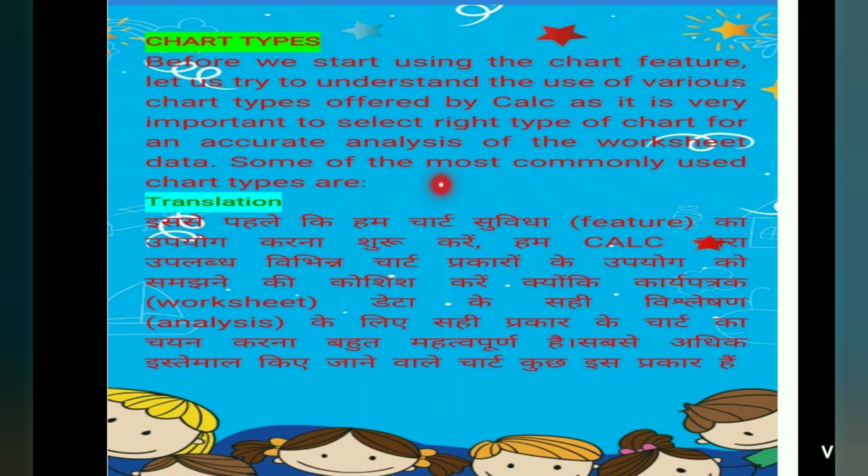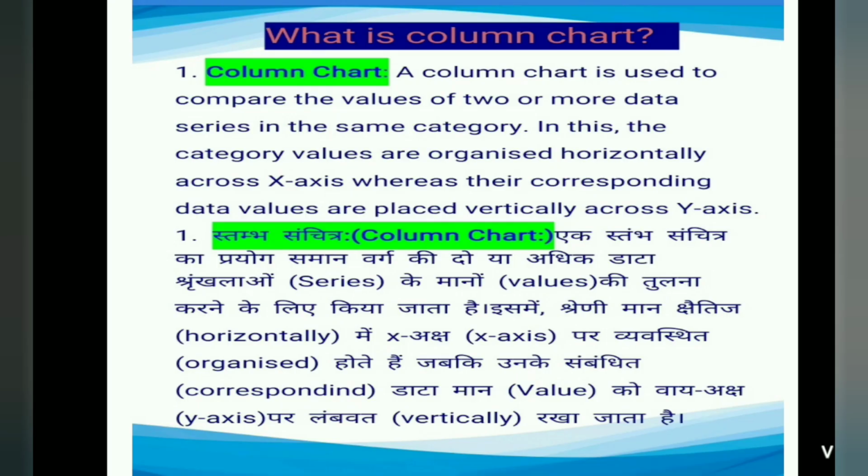First is the column chart. A column chart is used to compare the values of two or more data series, for comparing values in the same category but with different values.